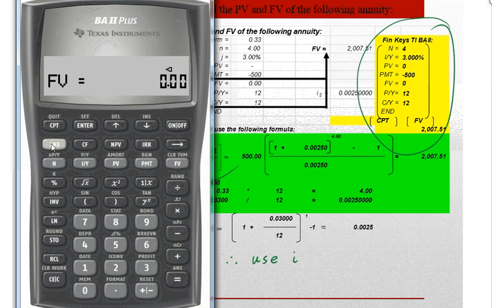And now we have to go second function, I over Y, and we have a 12, so press enter, and automatically C over Y is also 12. So just cancel this one and compute future value, and we have answer of 2071.